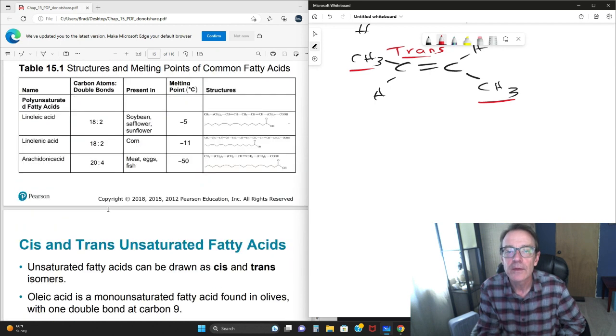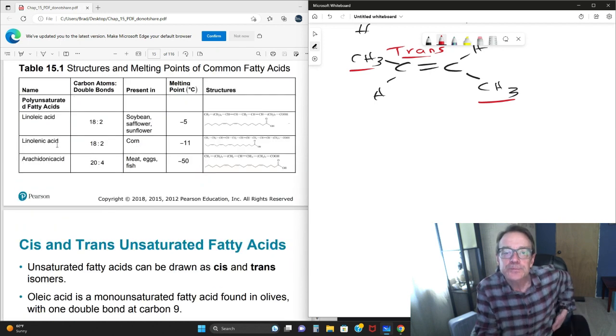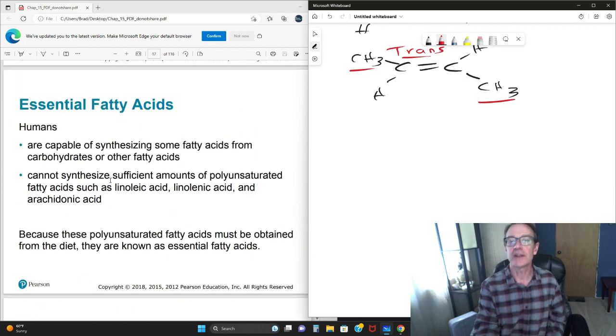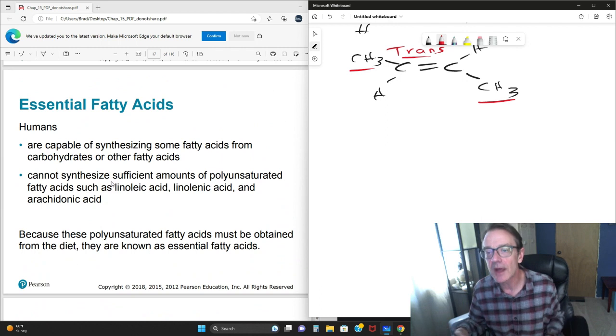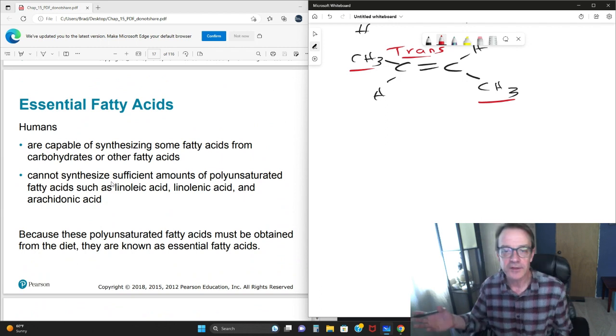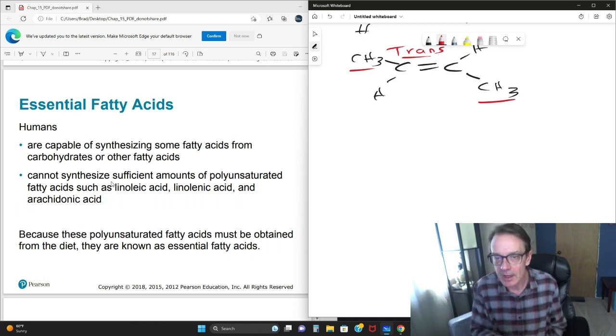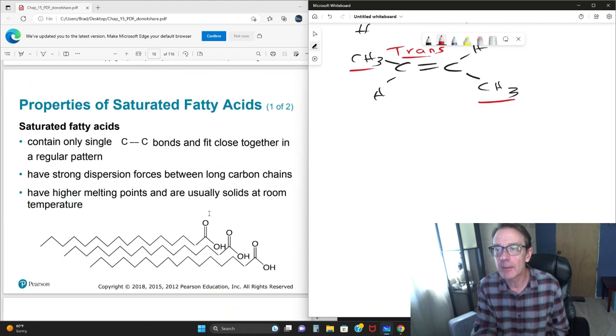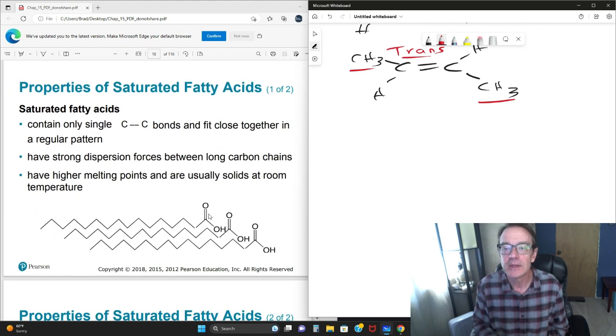Sorry. Linolenic acids, linoleic acids, they are essential fatty acids. You can't make them, but you can get them very easily in some of the polyunsaturated cooking oils, for instance. That's what makes them essential: you can't make them, you have to take them in.